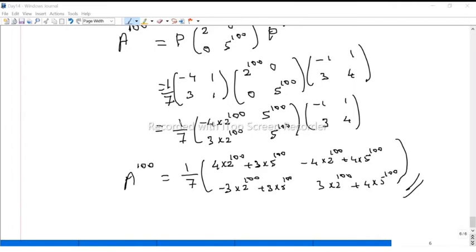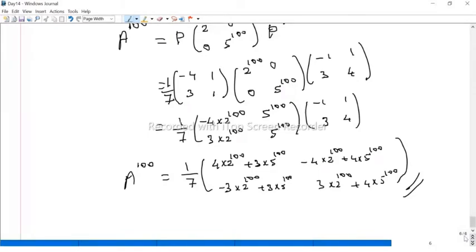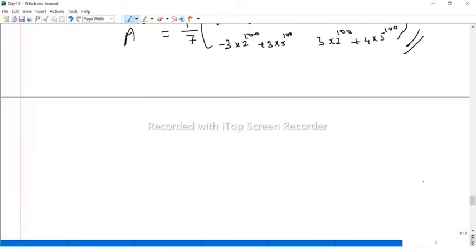Now, one more thing. Suppose you know the eigenvalues of A, and you know the eigenvalues of A square. Maybe I write the problem now. Problem or exercise: they give the matrix A, some 3 by 3 matrix.